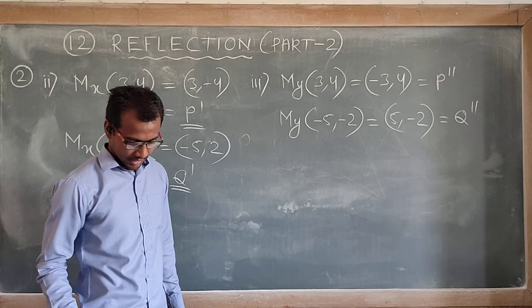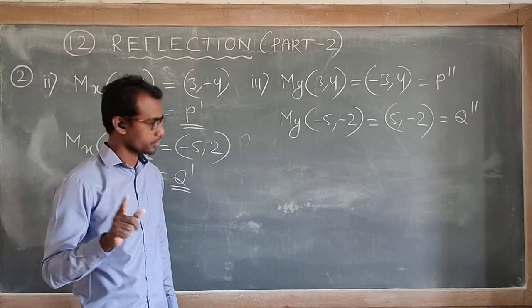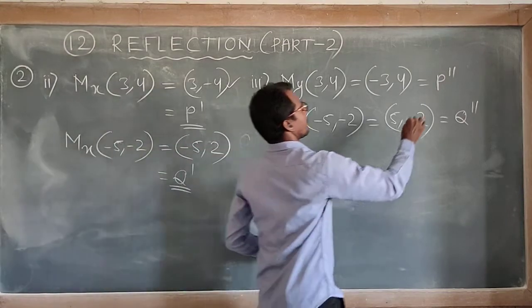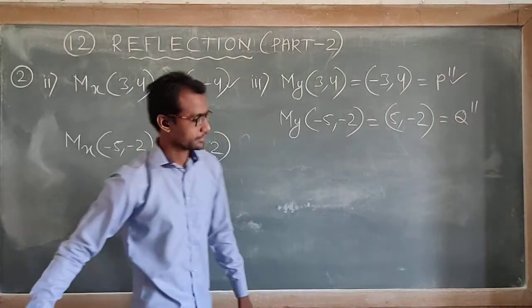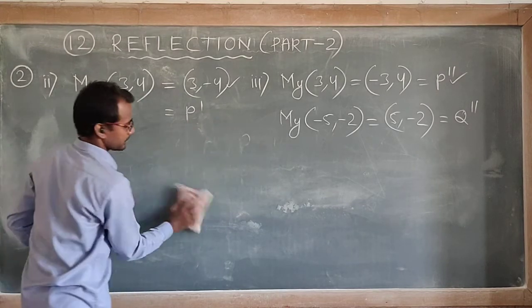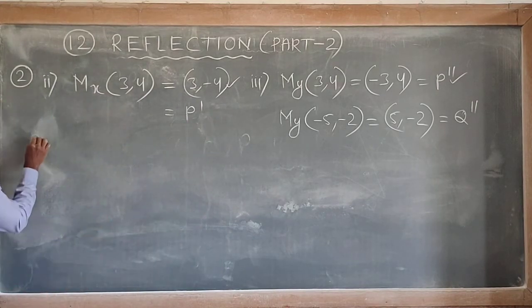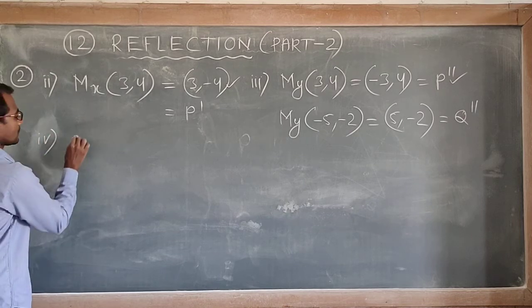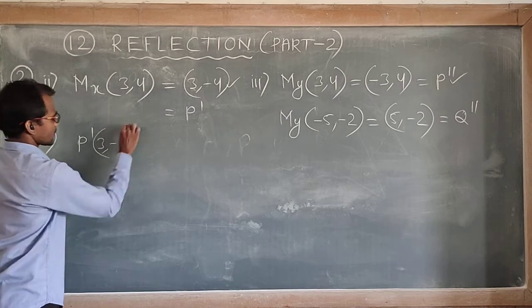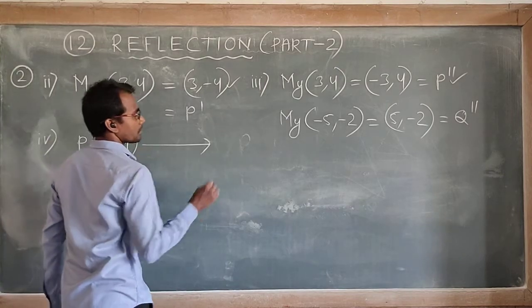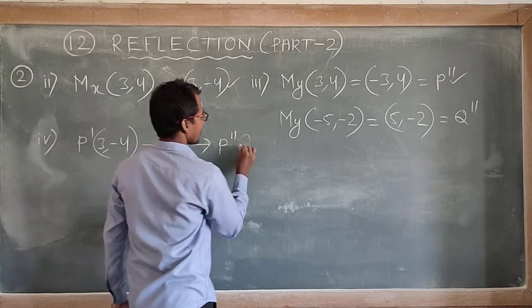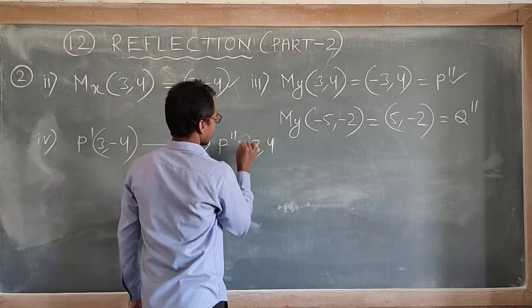Then state or describe a single transformation that maps P' to P double dash. Which one is P'? This one. Which one is P double dash? This one. Okay, single transformation. P' is (3, -4). P double dash is (-3, 4).